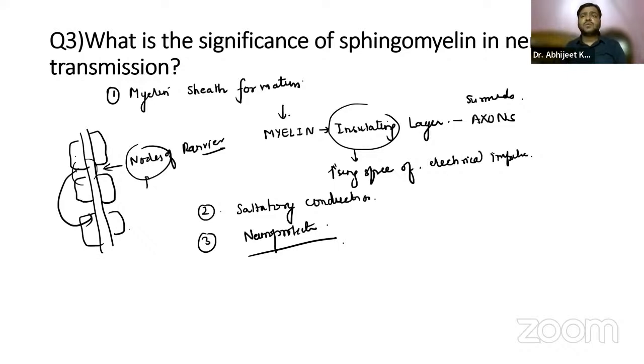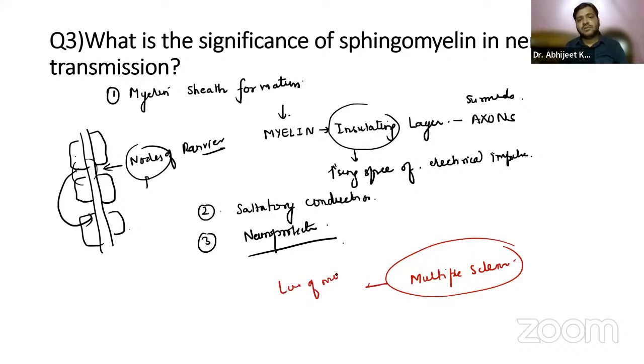You also have to remember one disorder, multiple sclerosis. This is the disorder that involves the loss of myelin. If myelin is lost, nerve transmission will be impaired.